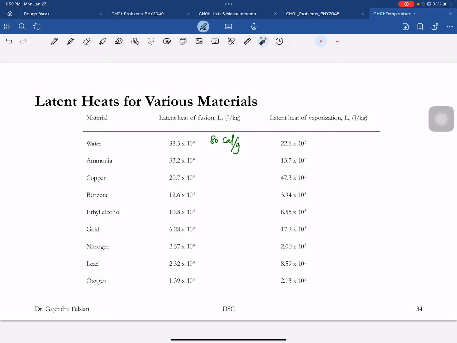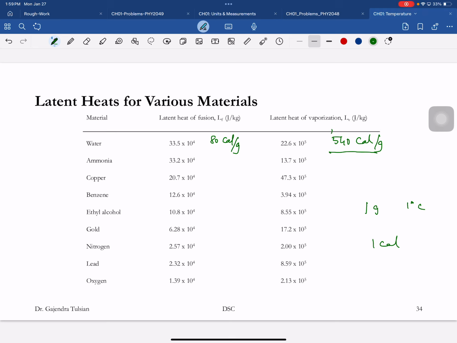That's what that number means. And this is 540 calories per gram. To vaporize 1 gram of water, you need 540 calories of heat. This is an enormous number. To warm 1 gram of water by 1 degree Celsius, all you need is 1 calorie of heat.